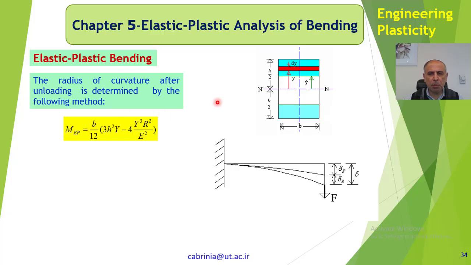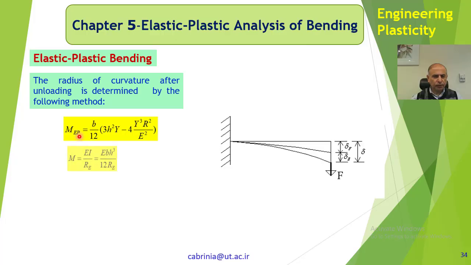So this MEP is for the force applied and increased so that MEP reaches a value such that the plastic region progresses up to this point. That is the elastic plastic boundary. And M, that's for the elastic case.